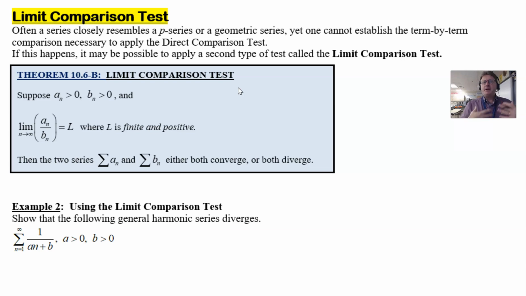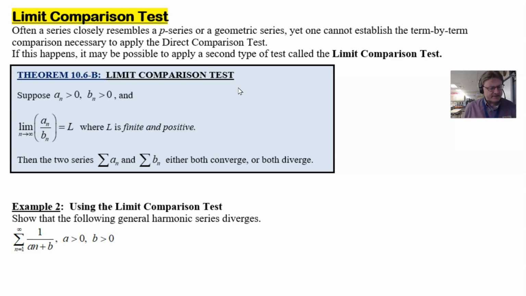For example, you've got a series, you think about another series that looks like it, but yet you can't figure out which one is on top of which because there are so many complicated pieces inside of that nth term expression. Well, if that happens, then you probably want to steer clear of the direct comparison test, and you might want to try the limit comparison test.